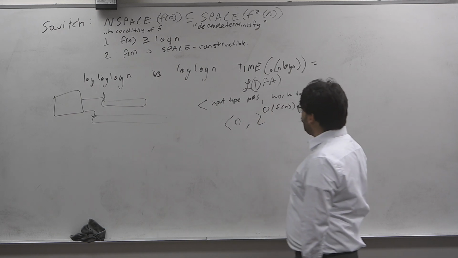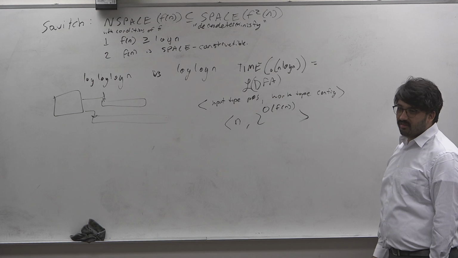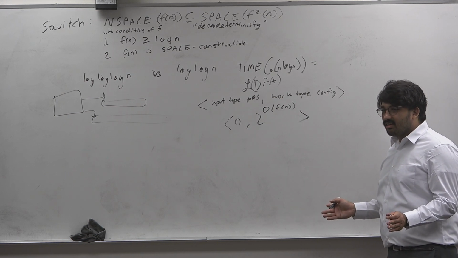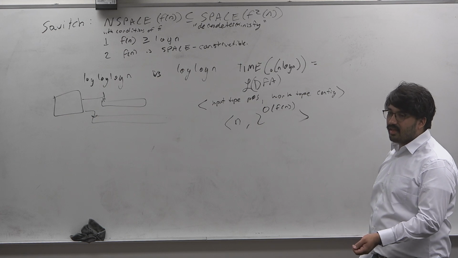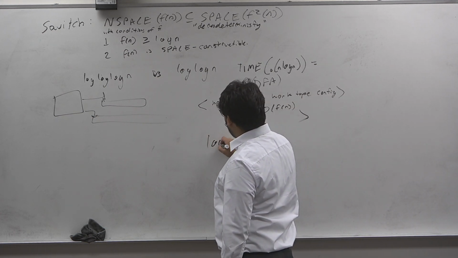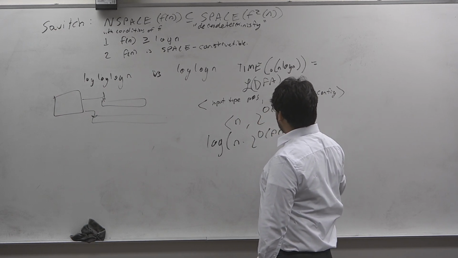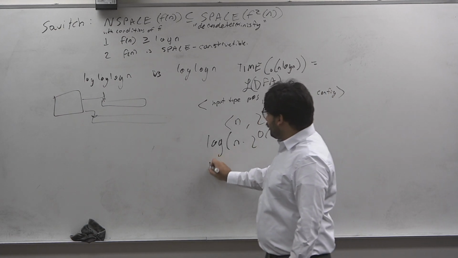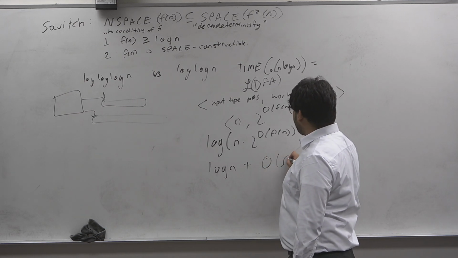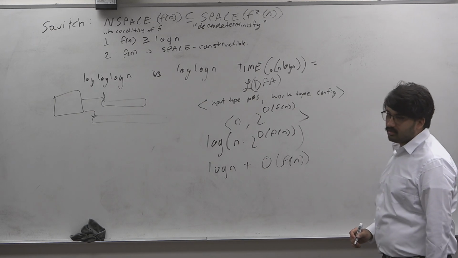So there's approximately that many configurations. If you have a set of this size, describing an element of that set takes log of the size of that set. So what is log of n times 2 to the o of f of n? It's going to be log of n plus o of f of n. There's some math I'm hiding there, but you believe that.